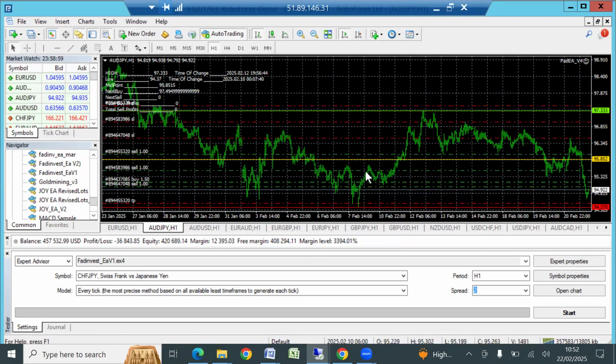So the lowest point came to 94.37, as you can see here. That was here on the 10th of February. Okay, and then from the 10th, the price went upwards to achieve the high of 97.33 on the 12th, as you can see here.